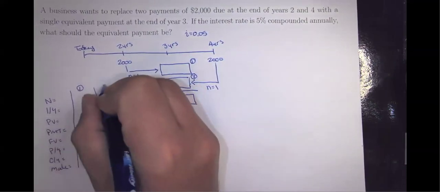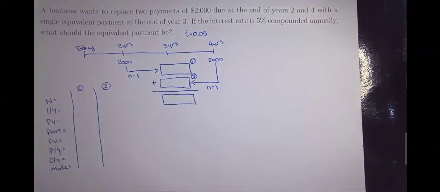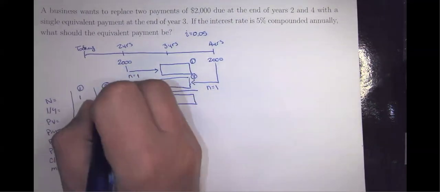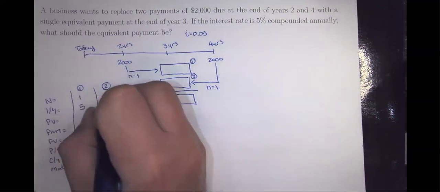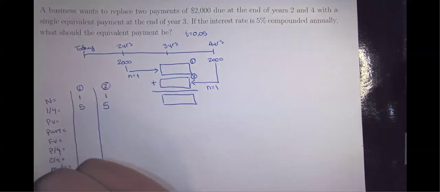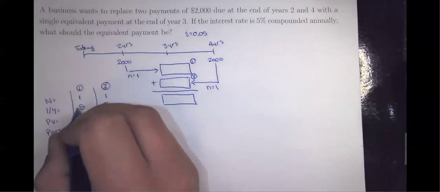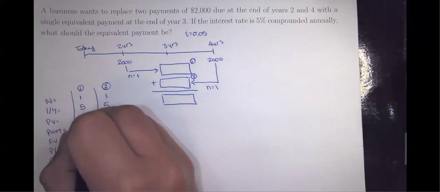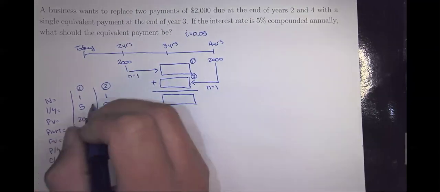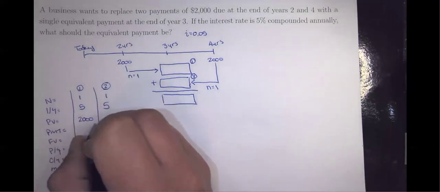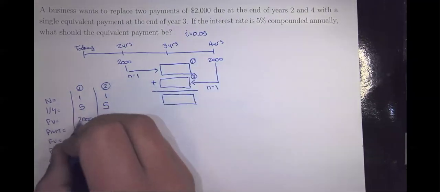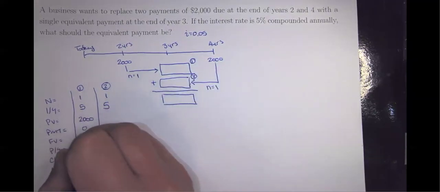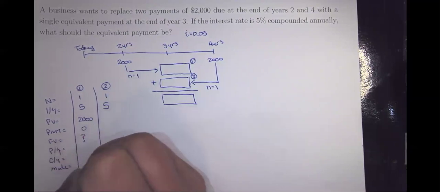I can create a little chart here for my calculator commands. In both cases, I'm moving 1. In both cases, my interest rate is 5%. In the first case, my present value is going to be $2,000. Let's just stick with the first case here for a second. I'm looking for the future value.